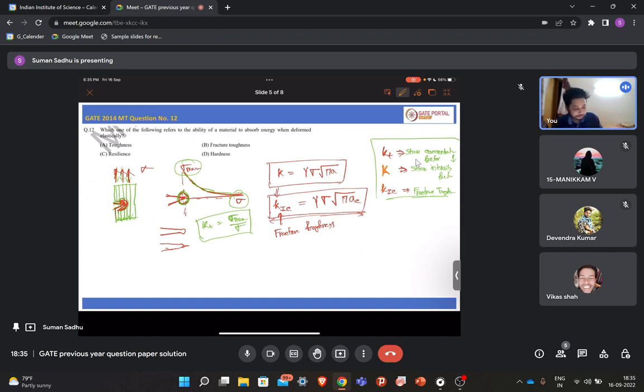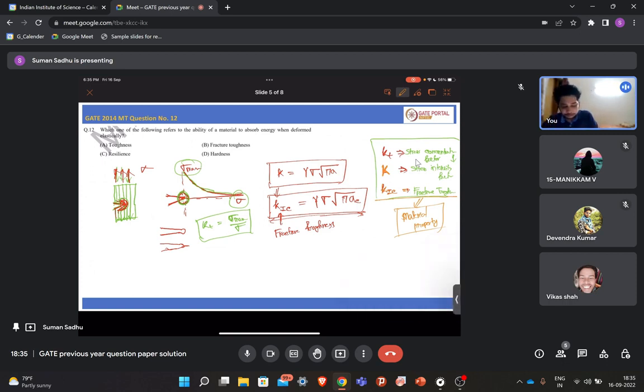But as soon as it reaches a critical value, it is called fracture toughness. So this fracture toughness is your material property. And this K is something you are applying, and when it reaches this critical limit, then it will fracture. So this is your fracture toughness.